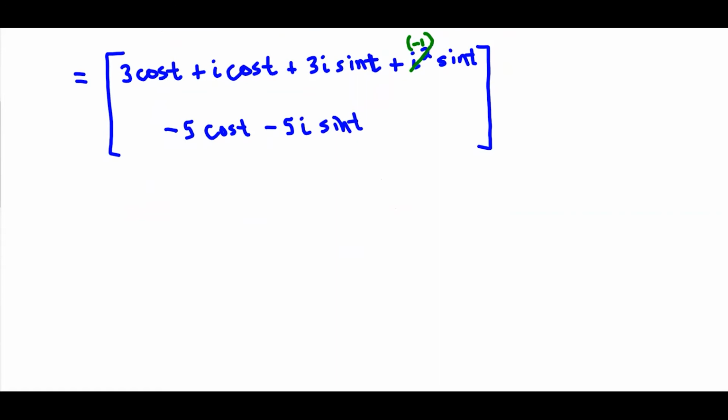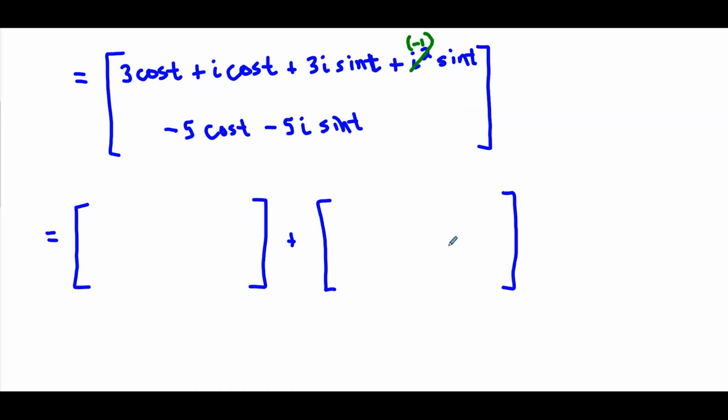And we're going to do something clever here. We're going to separate or decompose this vector into two separate vectors. I'm going to take everything that has real components and put it in the first vector.